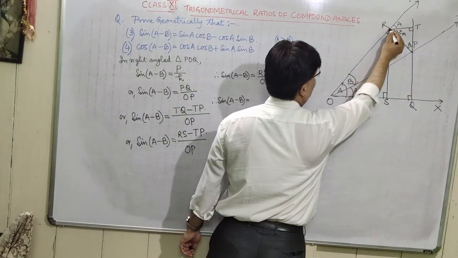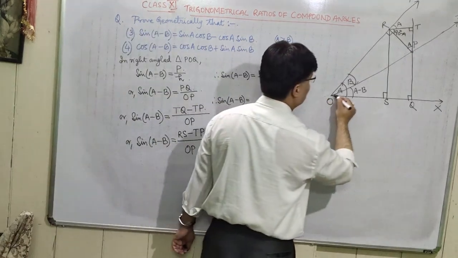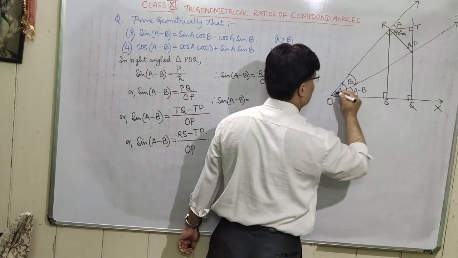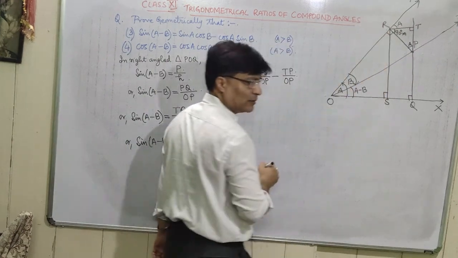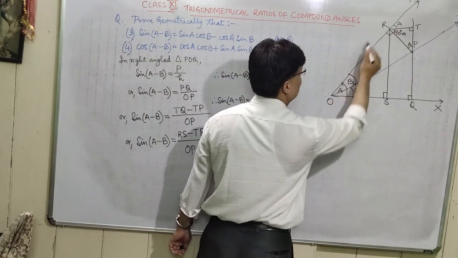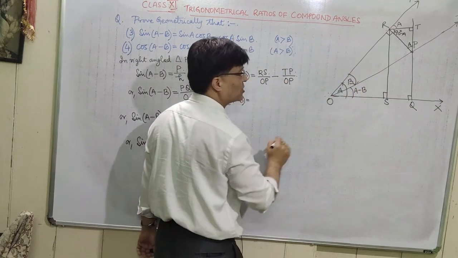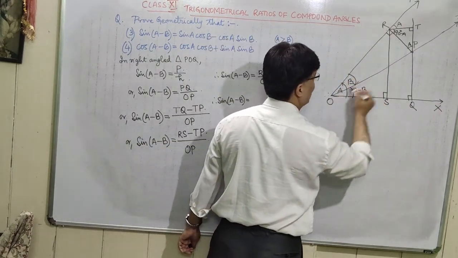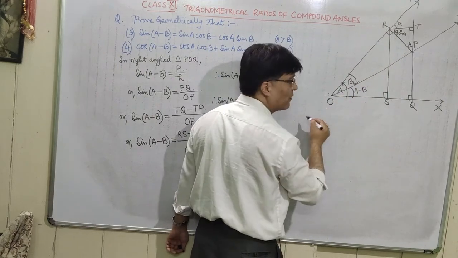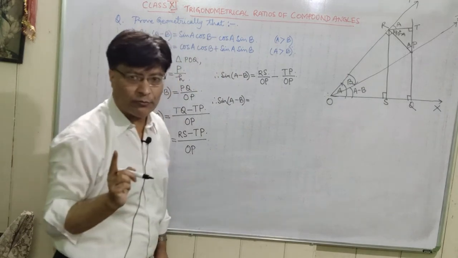RS is this one, and this is OP. This RS and OP are intersecting OR, isn't it? That is, OR is the common line of intersection for both RS as well as OP, such that here right angle triangle ROS is formed, and here right angle triangle ROP is formed.